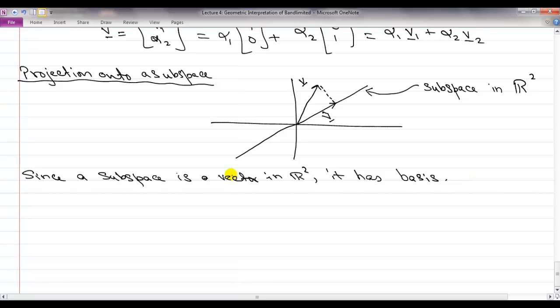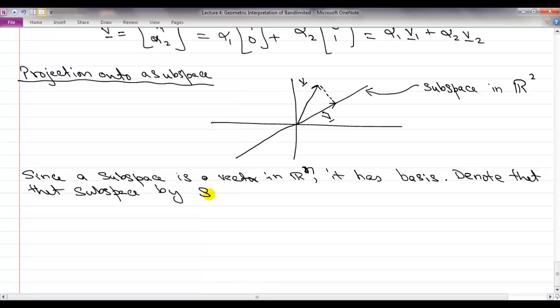The way to project onto a subspace, actually let's change this R2 to Rn just to make it more general. So let's say you have a subspace in Rn and it has a basis. Denote that subspace by S.